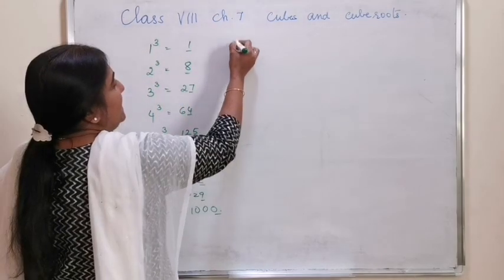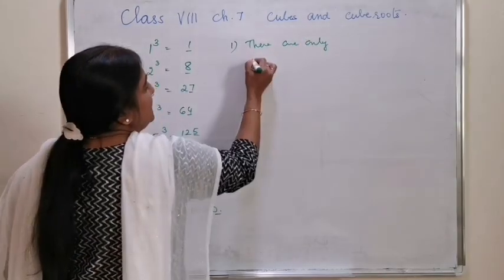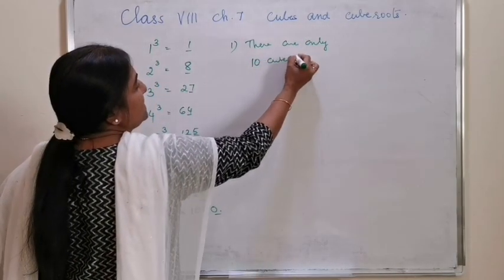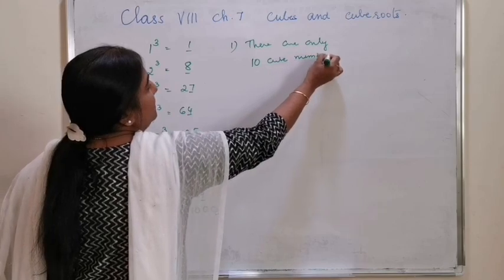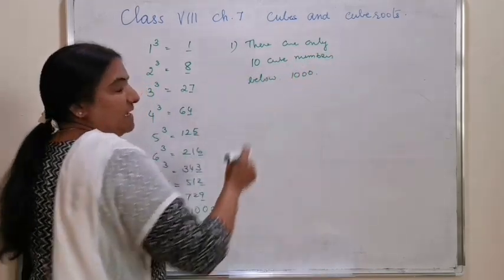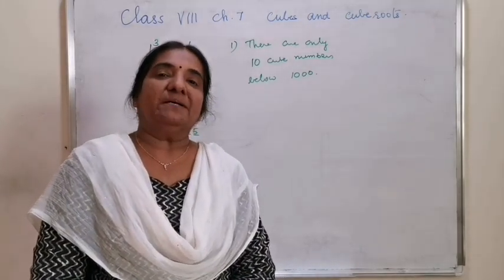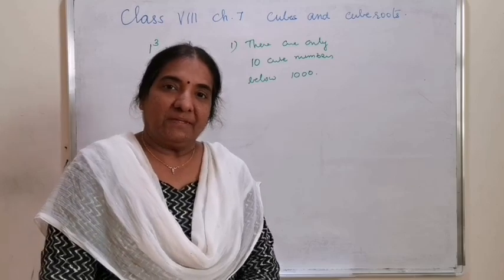So the concept is, there are only 10 cube numbers below 1000. Whereas if you take the example of square numbers, there may be many numbers below 1000.